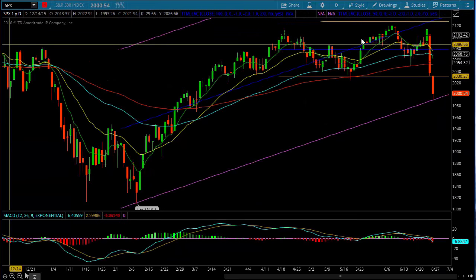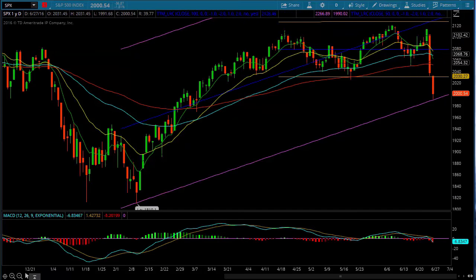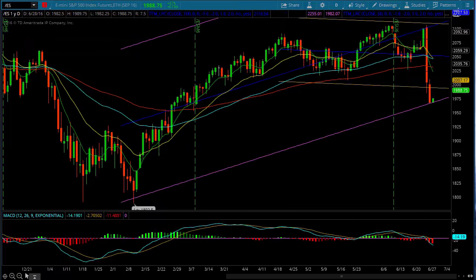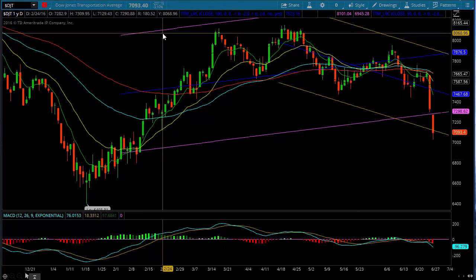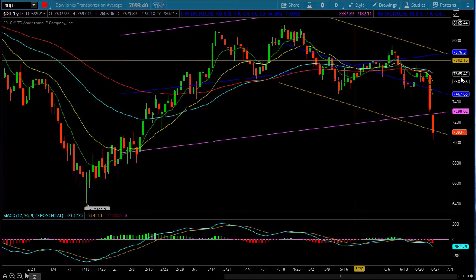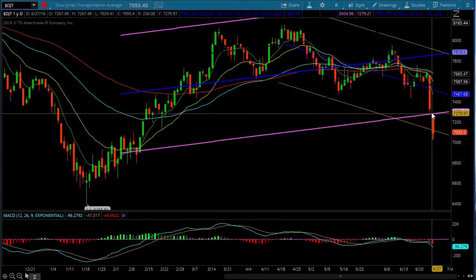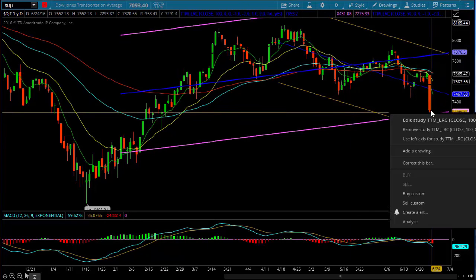Now take a look at it. Let's take a look at the S&P. Where was it I was looking at it? The gaps that we've got in this market. If you go back in, this is a daily. We've got a gap right in here, a gap to close right up in here.